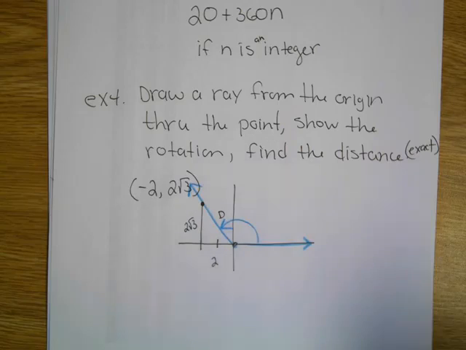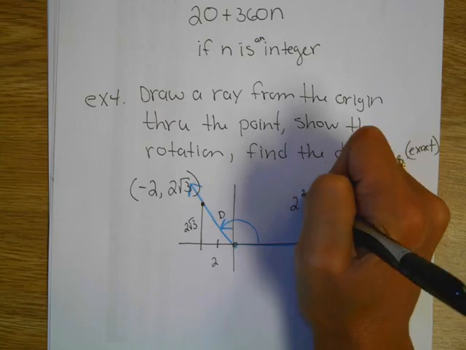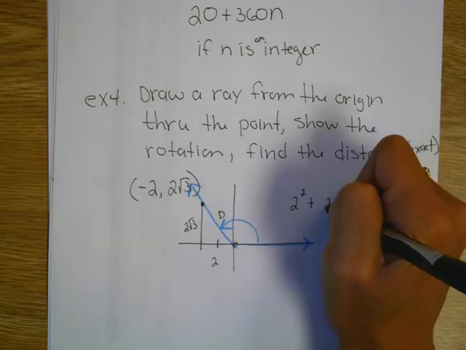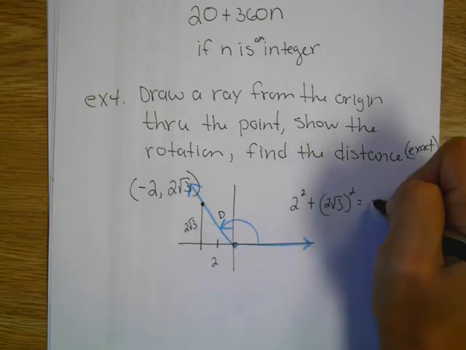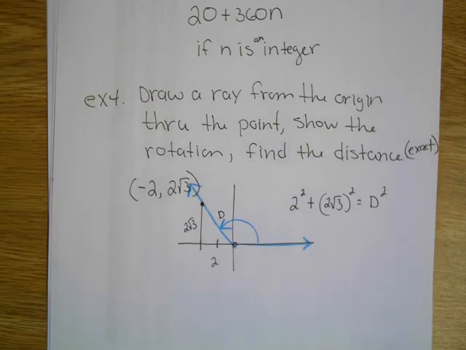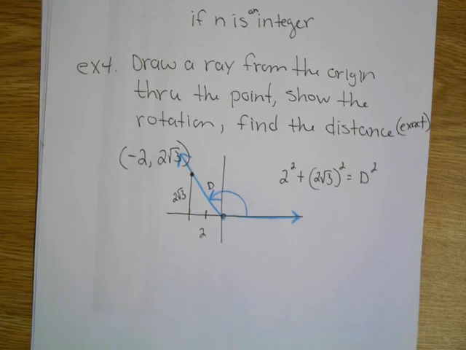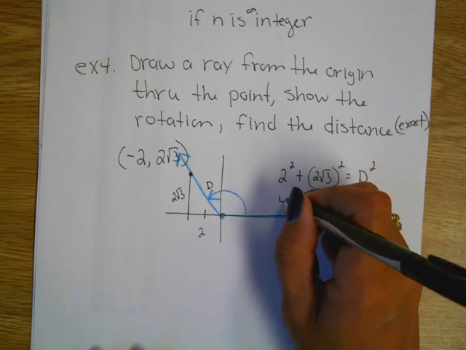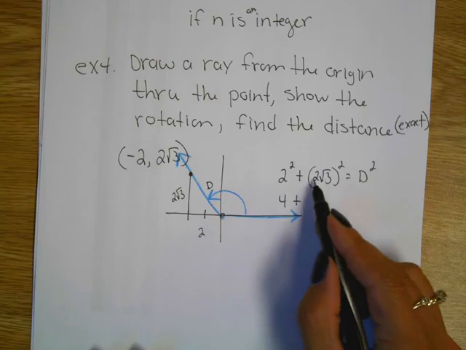Now I can quickly set up Pythagorean theorem much quicker than I like that subtracting the x's and the y's and the squaring and the square root. Just quicker. So if I set up Pythagorean theorem, 2 squared plus 2 square root of 3 squared equals my distance squared. Little Pythagorean. Remember here you're squaring both parts and multiplying together.